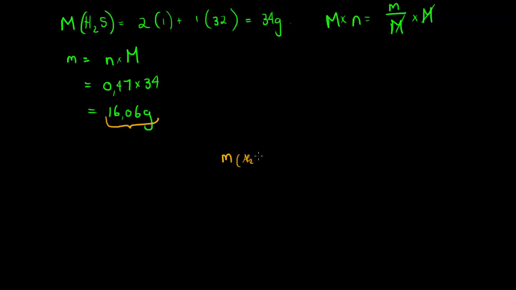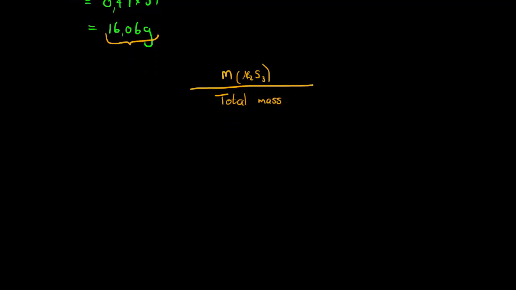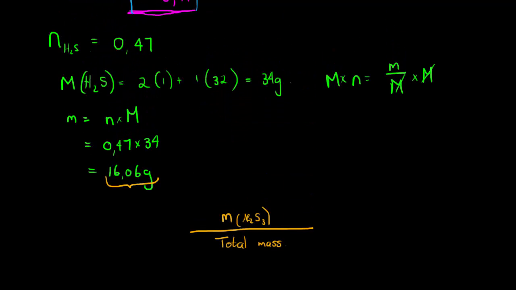It's basically what I'm trying to calculate, divided by all of the other substances' masses. Will there be water left? Yes. So it will be the mass of, let me do it like this, the total mass. Okay, so let's go ahead and do that.